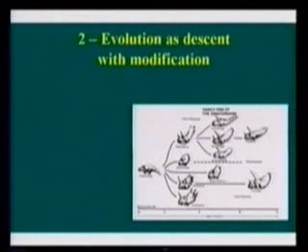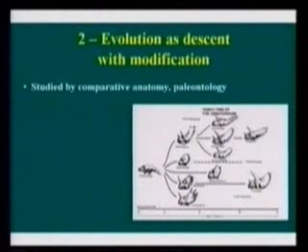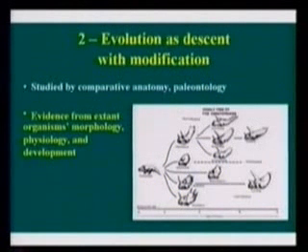The evidence for this evolution by descent comes from a variety of disciplines, including comparative anatomy and paleontology, from organisms and morphology, from the study of the physiology of those organisms, and from the developmental biology of those organisms.